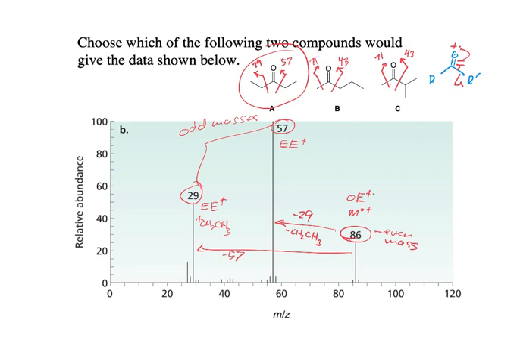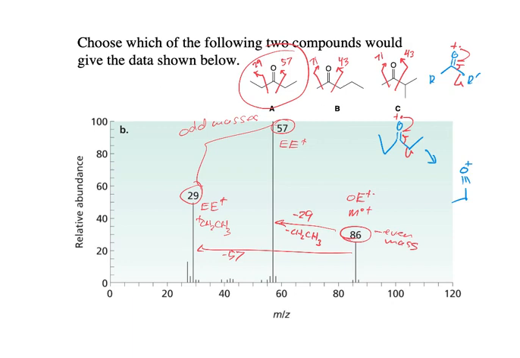So we can start with our ketone like this. It can do its alpha cleavage this way. And we can draw this in a couple of different ways like we talked about last time.